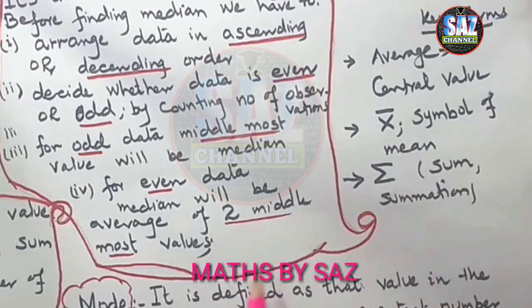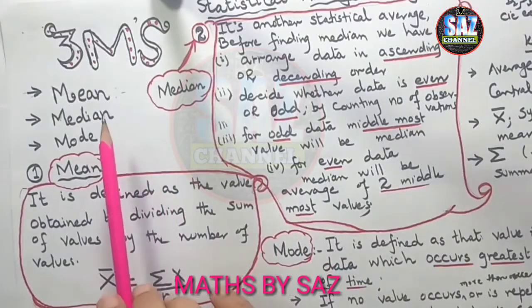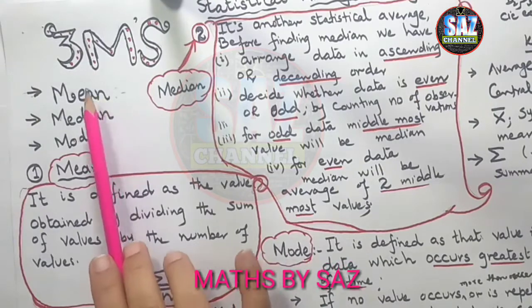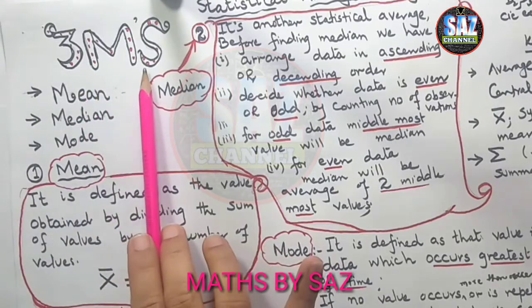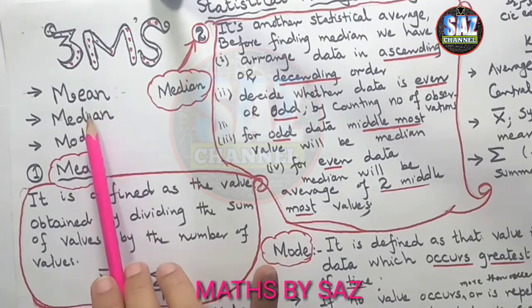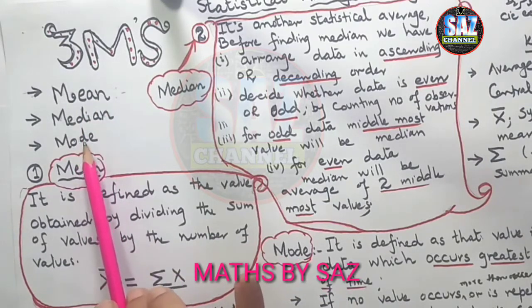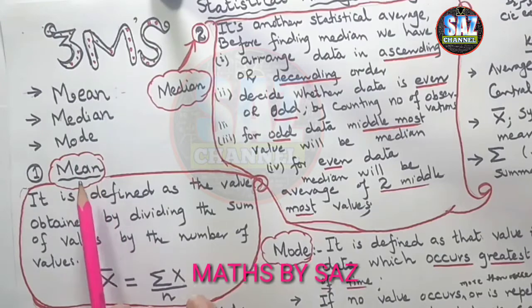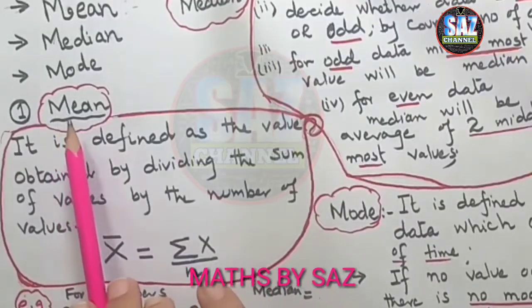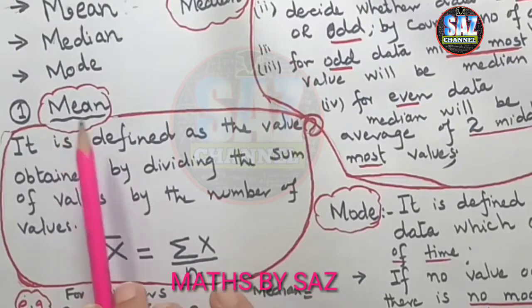Let's move to the actual lesson, that is statistical averages for ungrouped data. You can abbreviate them as the 3 M's of statistics. The first statistical average is mean, the second is median, and the third is mode. Let's discuss these averages one by one. What is the meaning of the term mean?